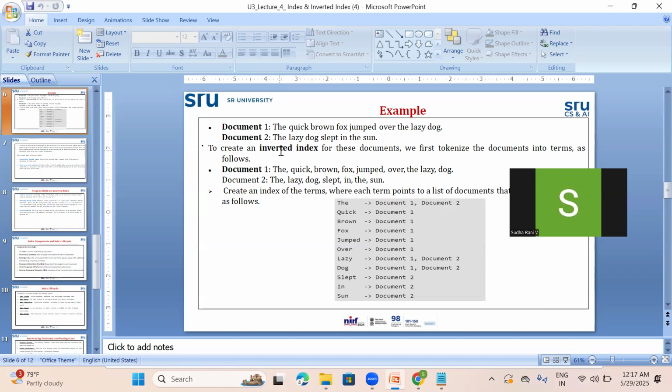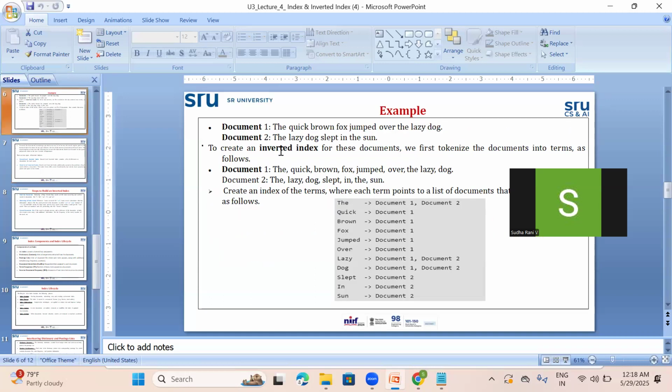Now, create an index of the terms where each term points to the list of documents, as follows. The is there in document 1 and document 2, quick only in document 1, brown in document 1, fox again in document 1, jumped document 1, over document 1, lazy document 1 and document 2, dog document 1 and document 2, slept document 2, in document 2, and sun document 2.